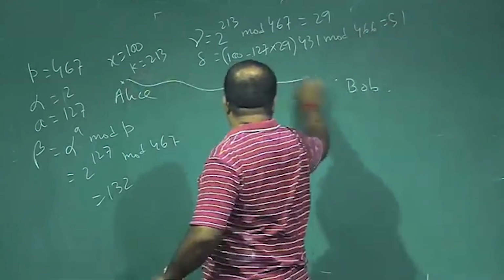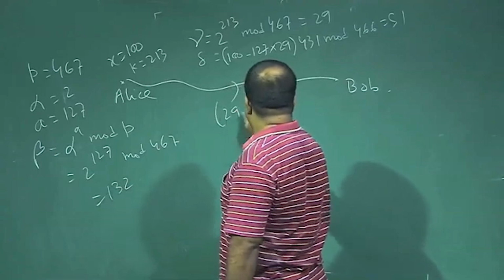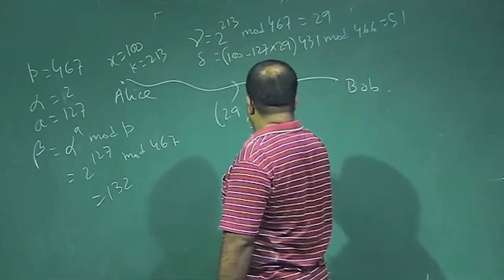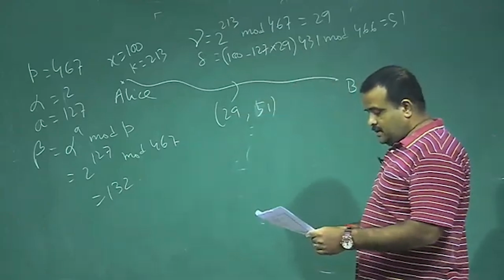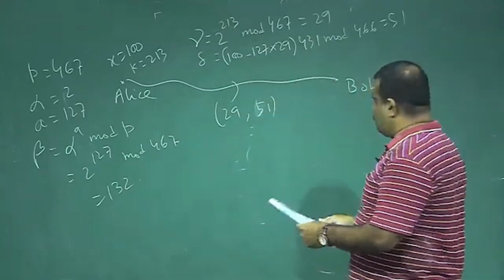So, Alice is sending to Bob 29 and 51. This is gamma and delta. After receiving this, what will Bob do?